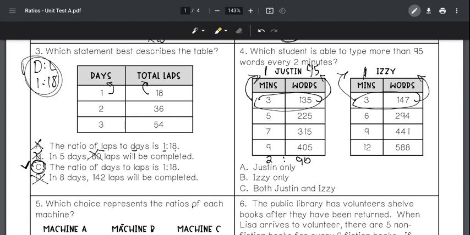When we did Izzy's table, 3 divided by 3 is 1, 147 divided by 3 is 49. Just double checking myself. All right, so in 2 minutes, we double that, and we get 98. So the question said, which student's able to type more than 95? Well, Justin got 90, so he's out. Izzy can type more than 95, so the answer is B.